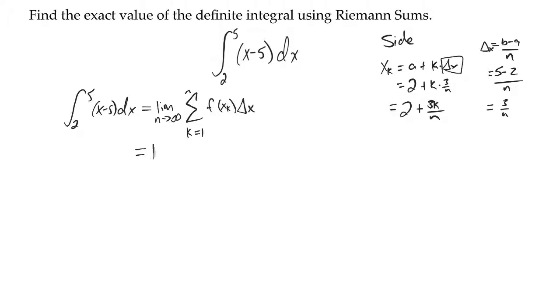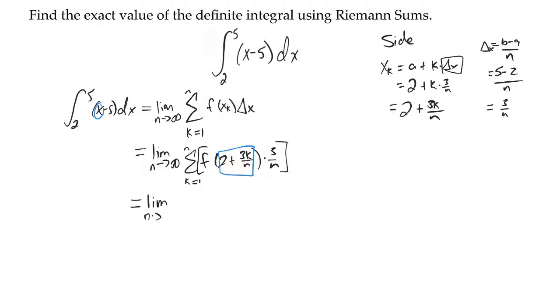So I'm just going to write out all my steps. I'm going to write this again in function notation: 2 plus 3k over n times 3 over n. I've got to think about it like that. All of that is inside the summation. So now I'm going to substitute this in for x in my formula.